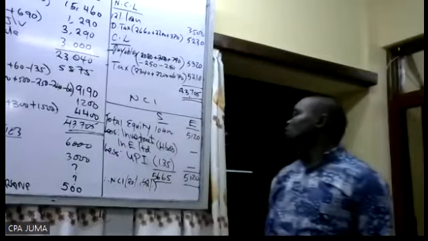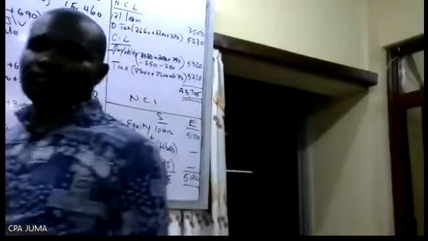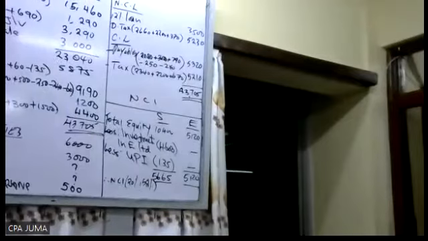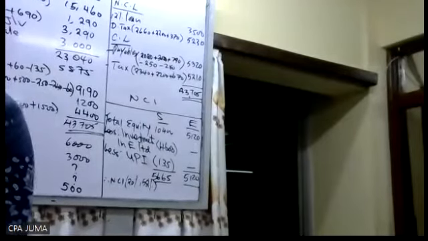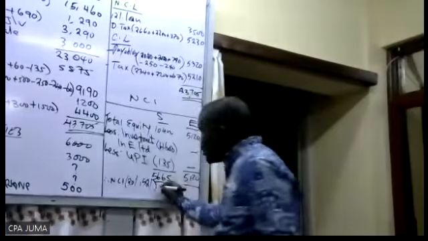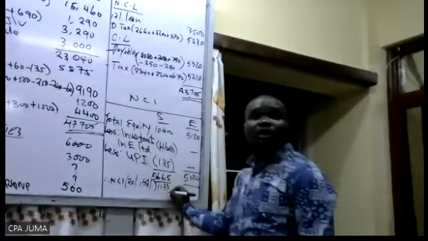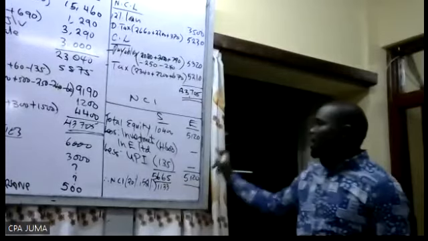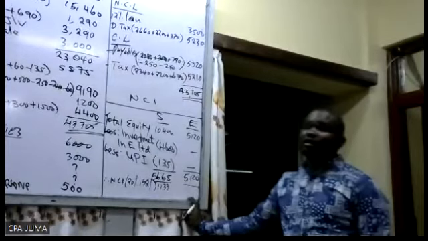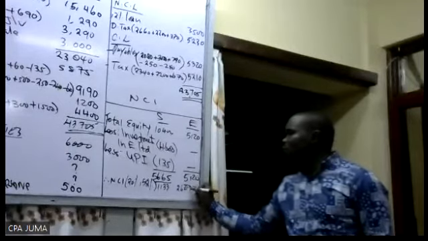So for 20%, eh? 1133.4. And this one, 2052 at 52%? 1062.4.